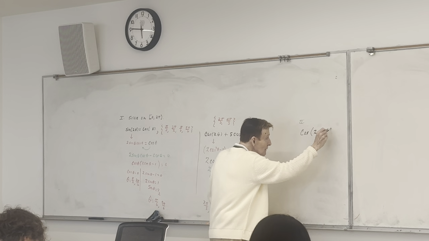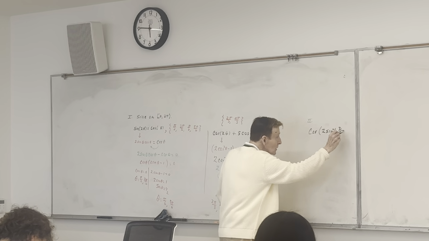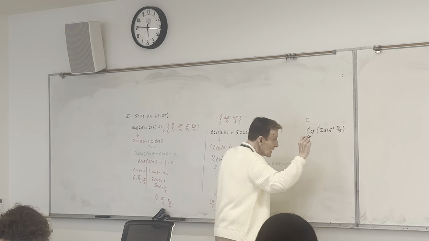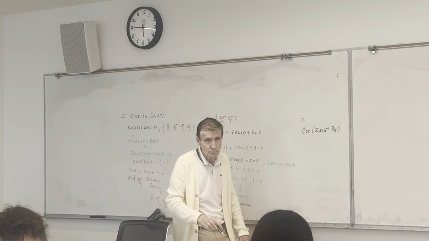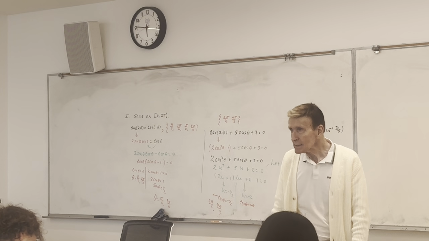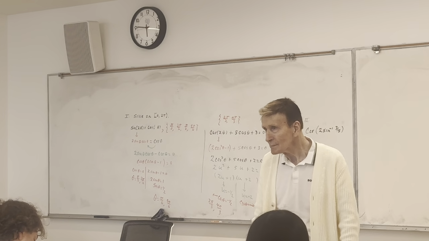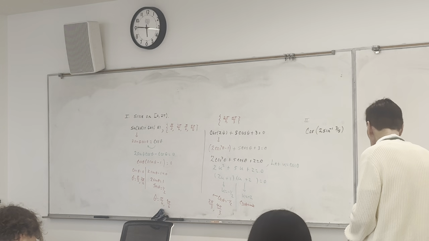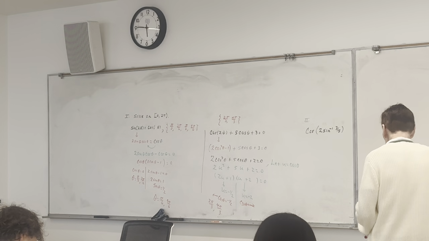Guys, on this one, I'm gonna play around with it. Michael, please tell me, is this the last thing we need to do on this handout? Yes. Okay. Now, I need some input from you. He says that's the last thing we need to worry about. Cosine 2 inverse sine 3/5.